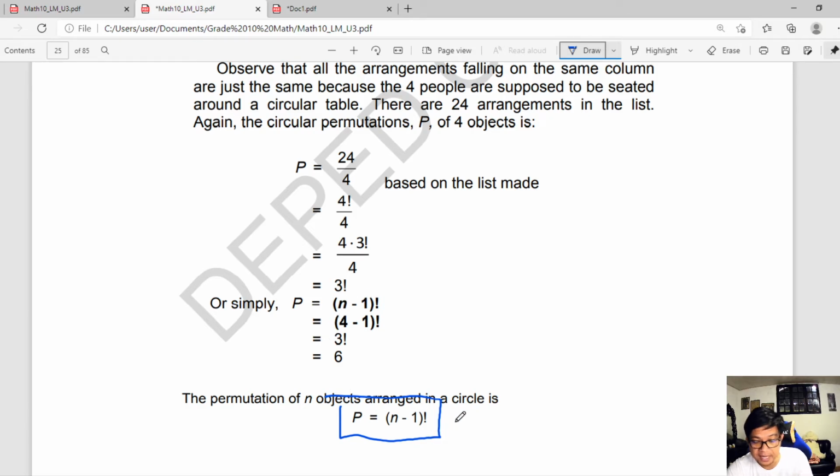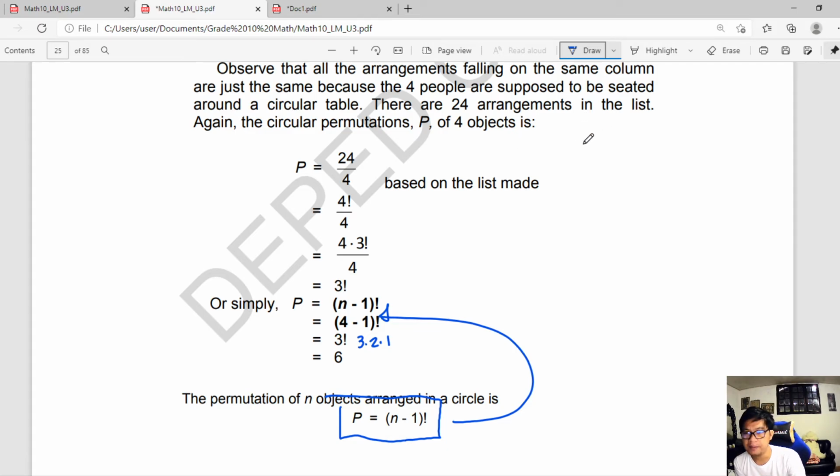Ito yung formula na ginamit natin, no? So we have n minus 1 factorial, or yung n natin, number of people, which is 4 minus 1 factorial. So the 4 minus 1 is 3. So that is 3 factorial, which is equal to 6. So 3 times 2 times 1. So this is the formula used when we arrange objects on a circle. That is, circular permutation is equal to n minus 1 factorial.